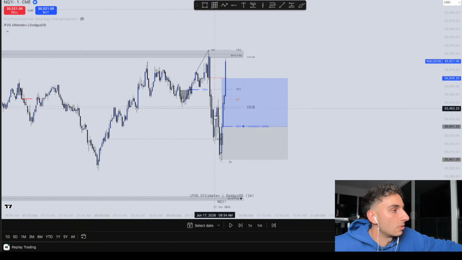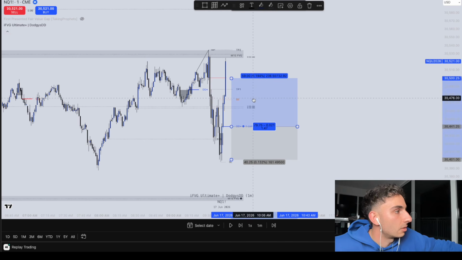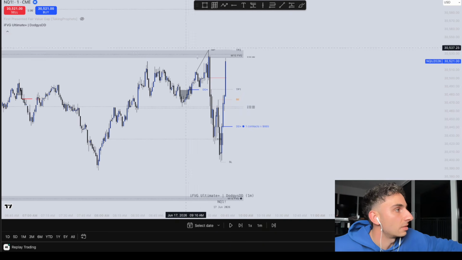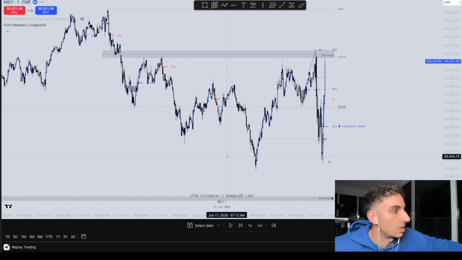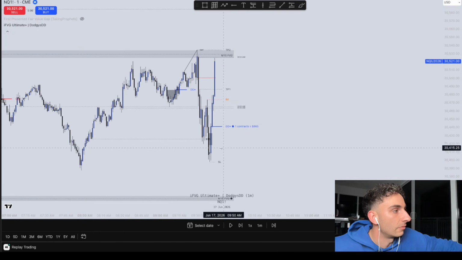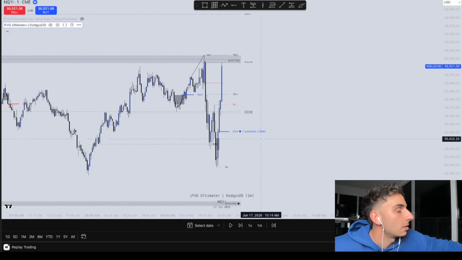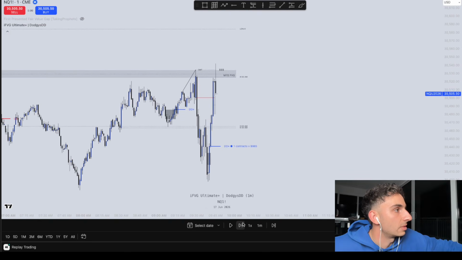If you got your entry here, you could have gotten a good 1.5 R out of this. Just target basically this CISD right here, and then you're playing the rejection block delivery. This is definitely advanced, but this was a good signal, I would say. Let's see what happens here.